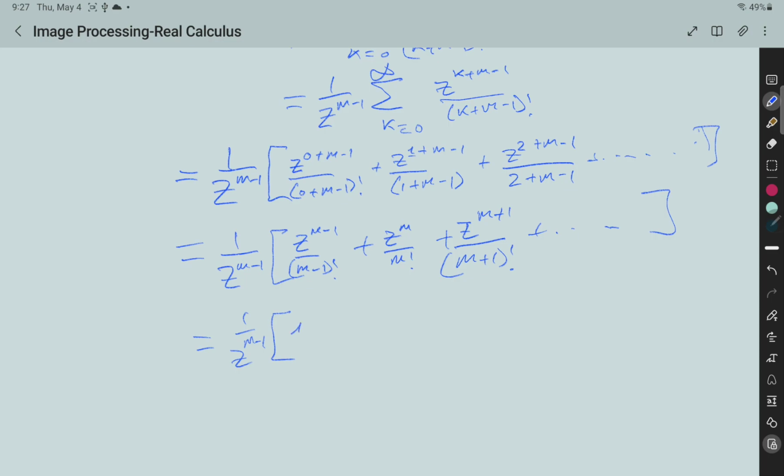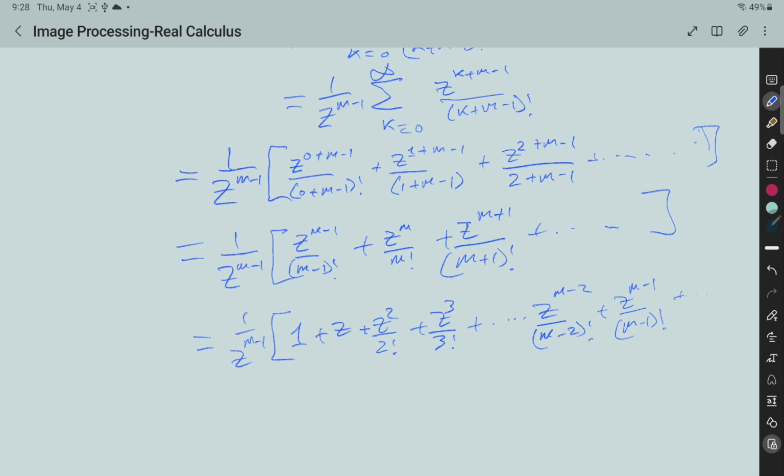So I need to add a 1 here, a z term, plus z squared over 2 factorial, z cubed over 3 factorial, and I need to go all the way up to z^(m-2) divided by (m-2)!. And then the next term would be this thing here in the bracket, z^(m-1) over (m-1)!, and so on.